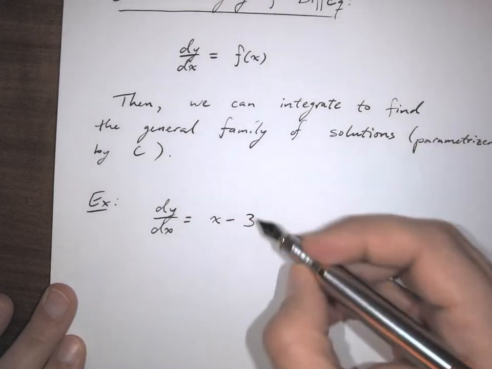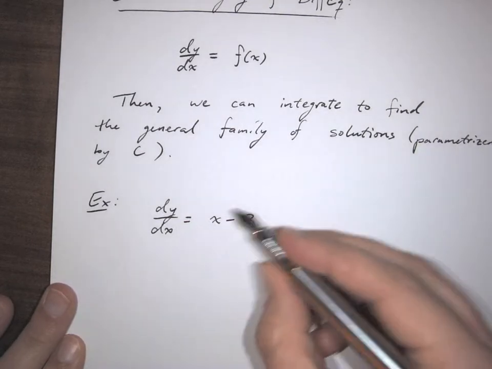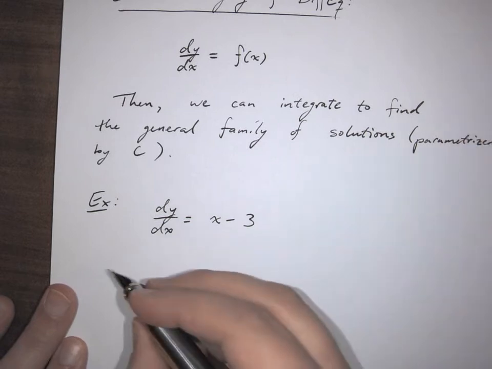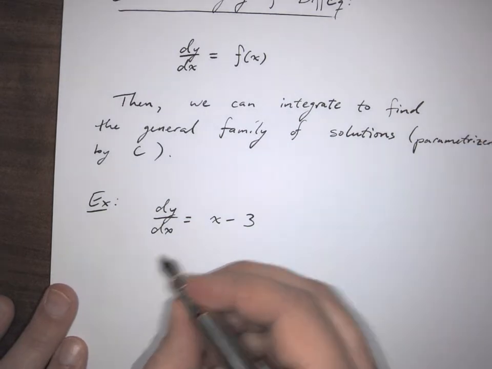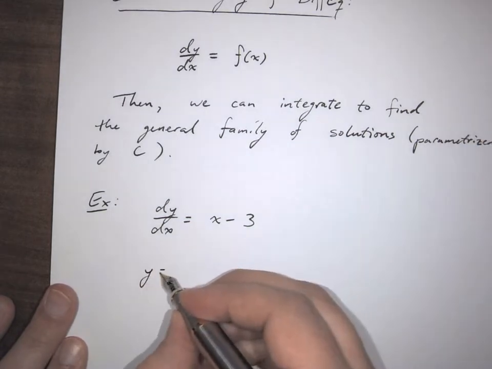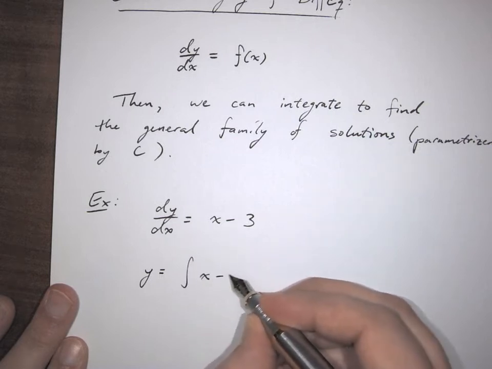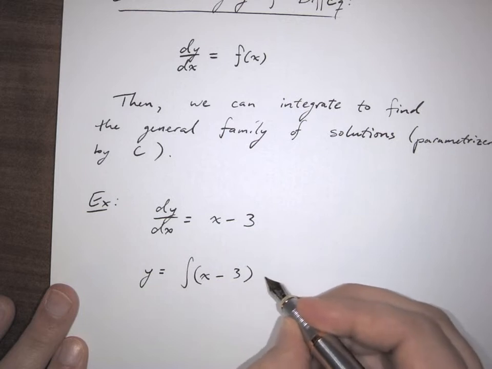Once again, what we need here is that this side involves no y's at all. Then what that means is that y is going to be the integral of x minus 3 with respect to x.